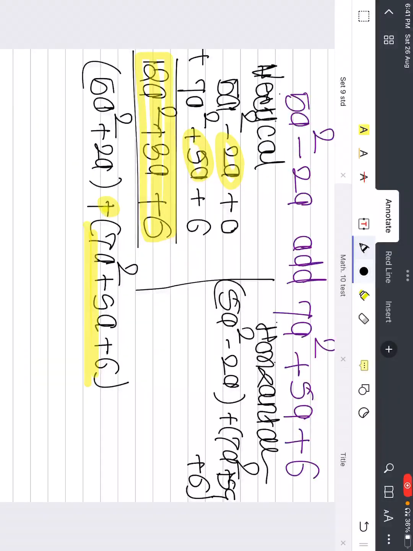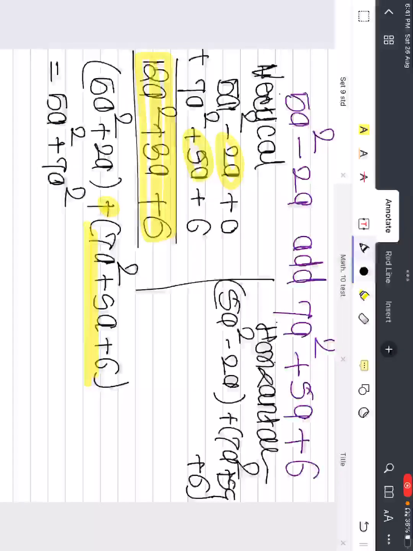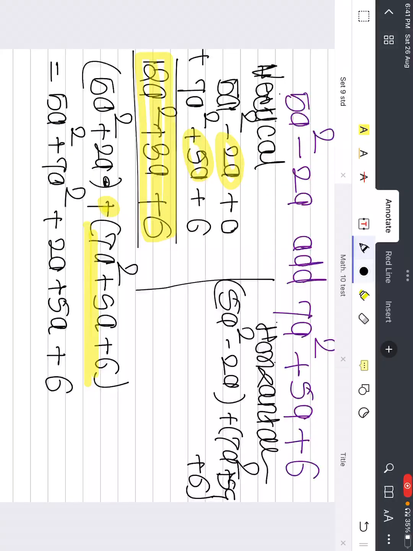Now to simplify, put the like terms together: 5a square plus 7a square plus 2a plus 5a plus 6 as it is, because the constant is missing here, so 6 as it is.